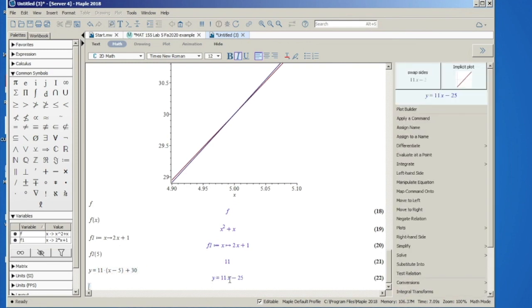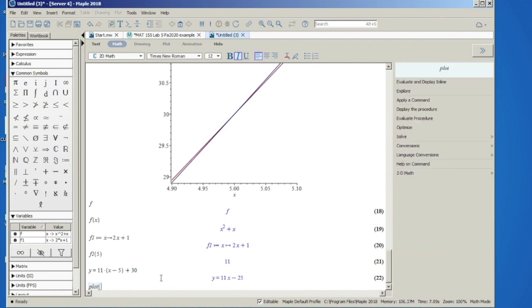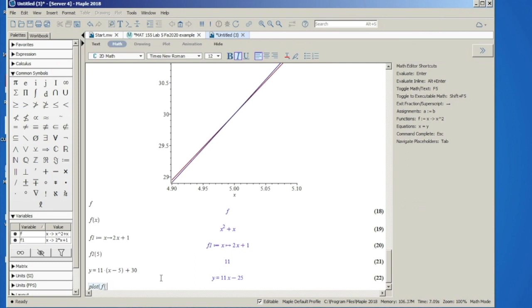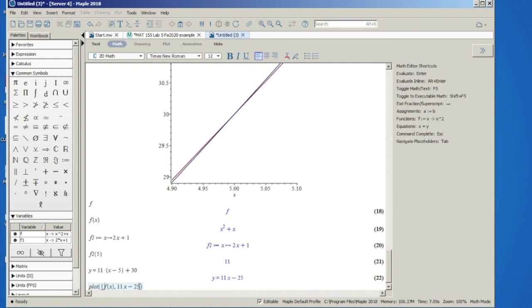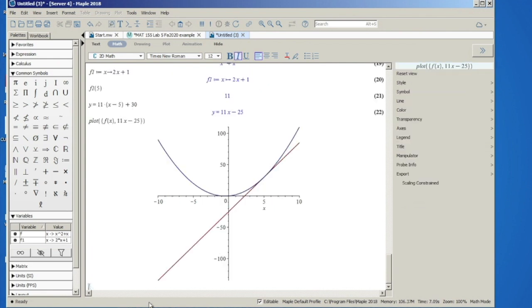So I have y equals 11x minus 25. So now I could plot f of x and the tangent line, which is 11x minus 25. Let's make sure that we put the brackets. And now we actually do get the equation of the tangent line.